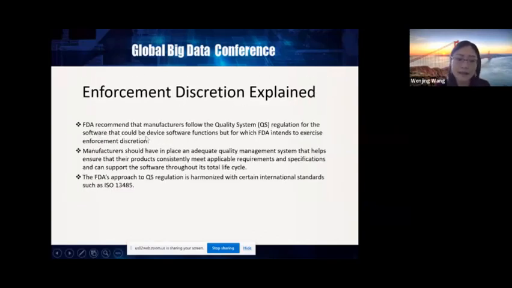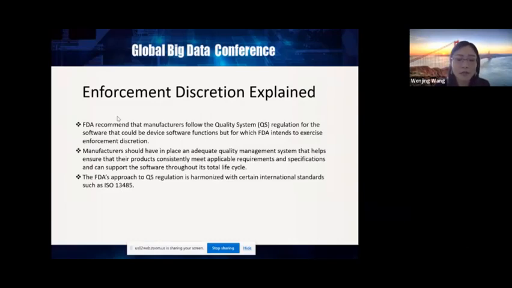So what exactly does enforcement discretion mean? It means that the FDA would recommend that the manufacturers follow the quality system regulations for the software. That could be device software functions for which the FDA intends to exercise enforcement discretion.